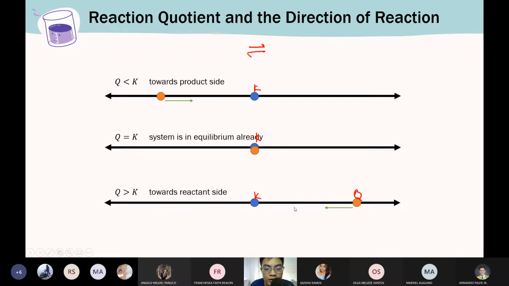Meaning you favor the reactant side, no? Okay? And your equilibrium arrow will look like this, no? Okay? So, something like this. Okay? Kapag towards the product side, it will look like this. Okay? So, you favor the right side more.